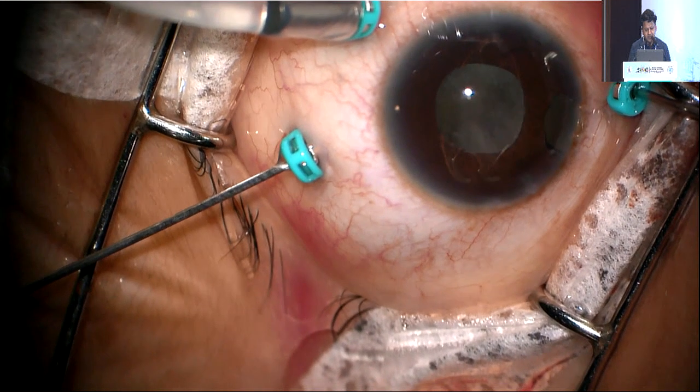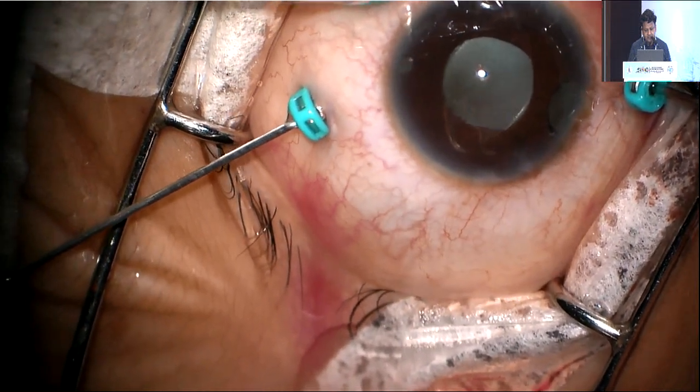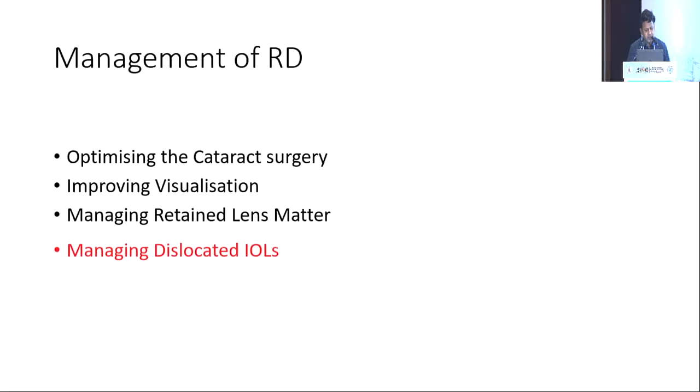So once you have removed the vitreous, you can use your cutter or your phacofragmatome to remove this lens matter and proceed ahead with the vitrectomy, settling the retina and doing a fluid air exchange or silicone oil exchange and silicone oil injection, whatever you feel like, depending upon the case. So in this case, now we are doing a fluid air exchange, and we put in oil.